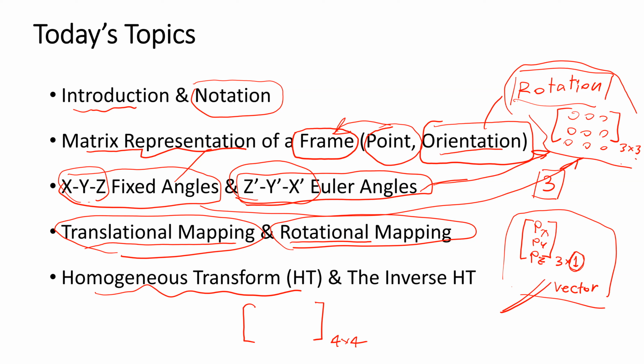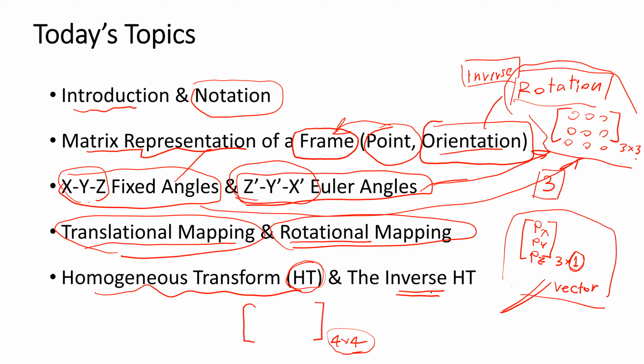And for the rotation matrix, we can also obtain the inverse of the rotation matrix. Today we will learn why we need to obtain it. One reason that we compose this complicated 4x4 matrix is that, when we compose it in this way, we can also obtain the inverse of the homogeneous transform.